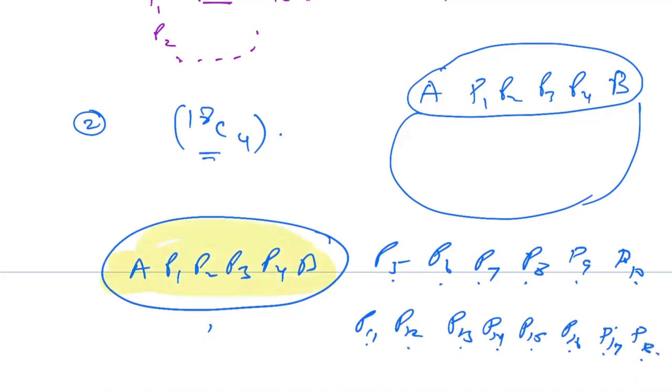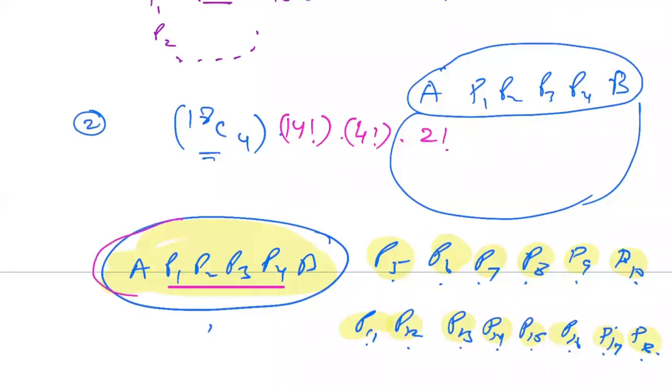And these 15 groups, they have to sit in factorial 14 ways. But these 4 people can interchange themselves by factorial 4 ways, and A and B can also interchange themselves by factorial 2 ways. So total will be 18C4. First, I'm selecting 4 people out of 18. Now they all are sitting, taking it as a group.